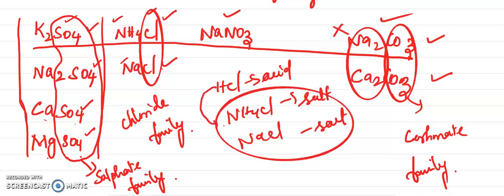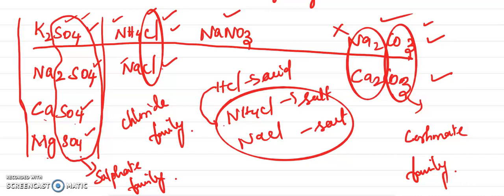So if we consider the salt, in that family we can find some common radical, whether it is a basic radical or an acidic radical. Here this is an acidic radical, this is an acidic radical, this is an acidic radical. So this is the way.